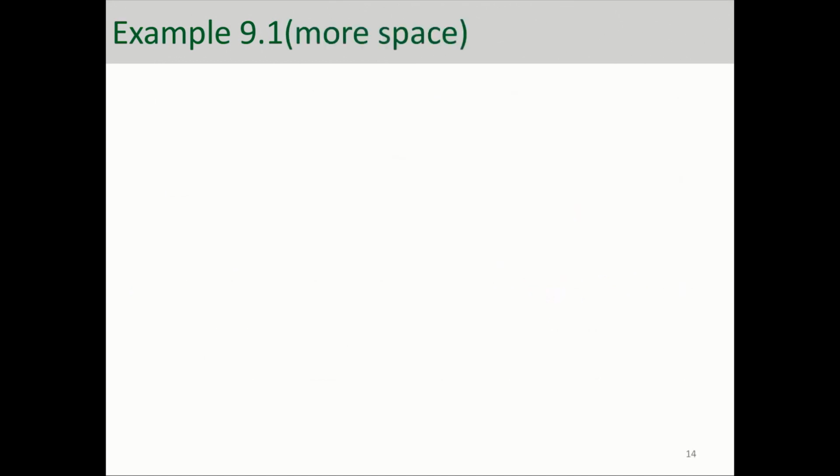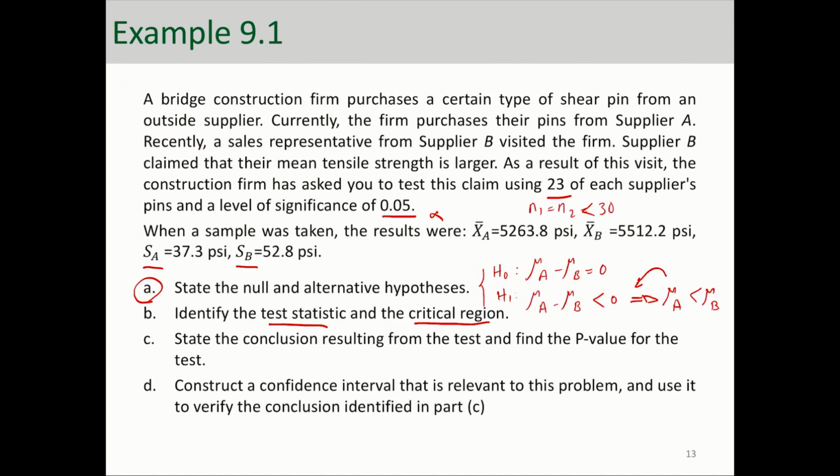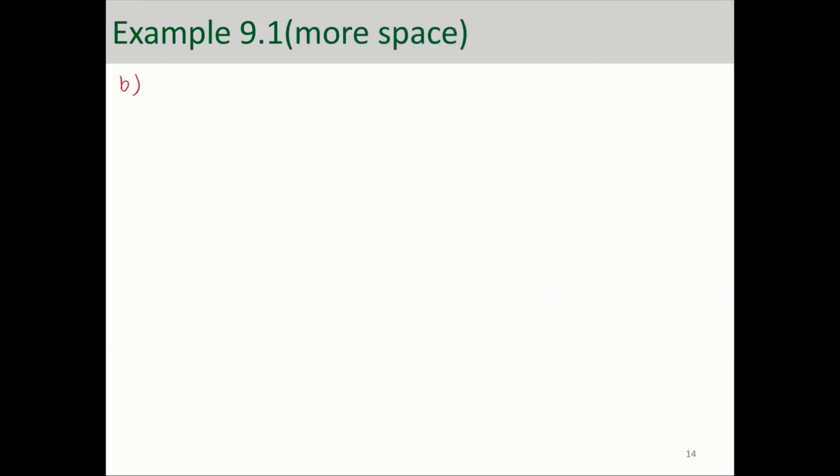So for part B, what we're doing first of all is unpaired data. This supplier B and supplier A are two different populations. The subjects that we are collecting data from are not the same subjects, so it's unpaired data.